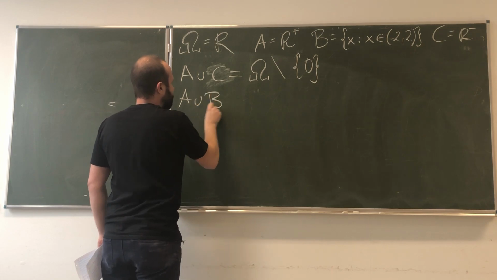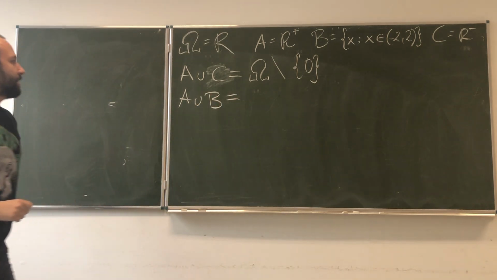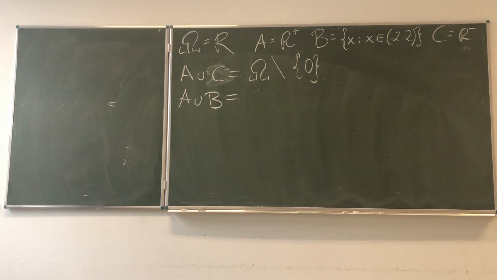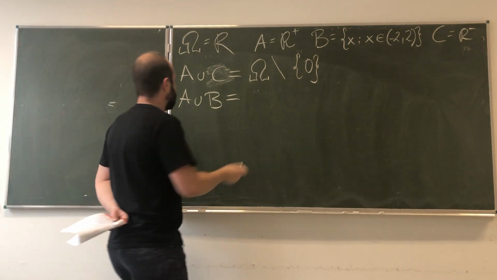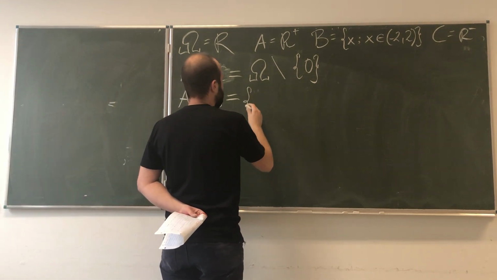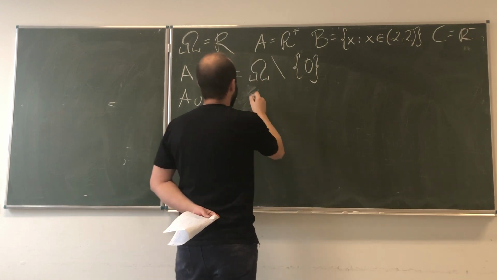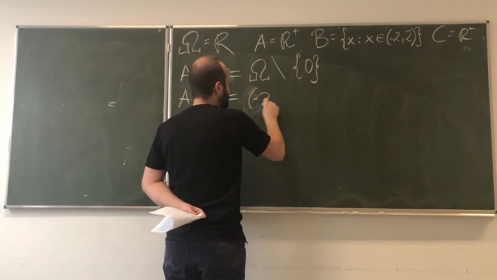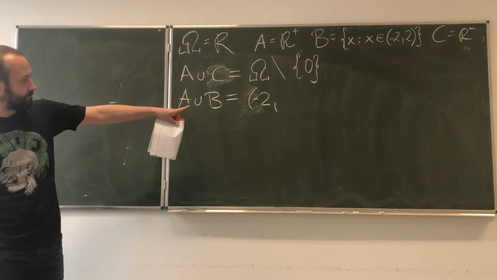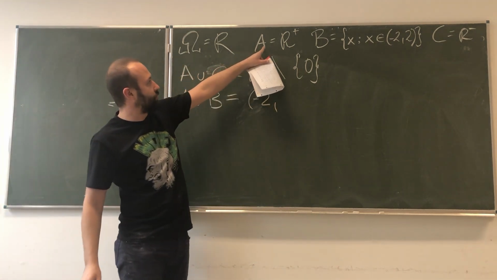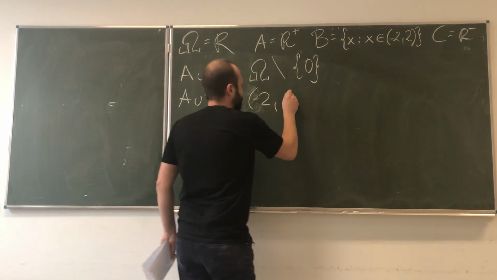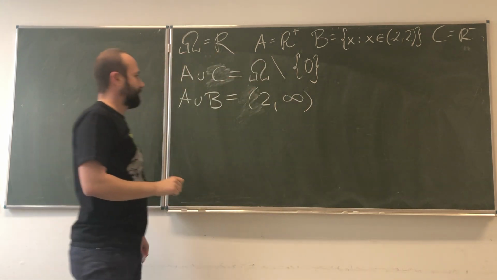Okay, what else? A union B, in this case, would be a set of, we can write, the numbers from -2 to positive infinity.